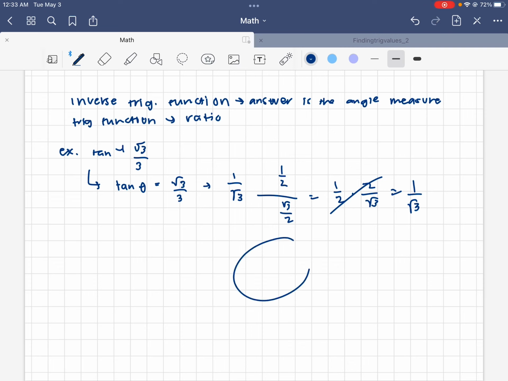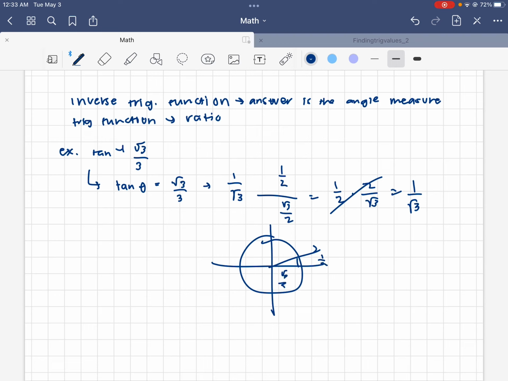So I'm going to draw a little circle. Where is the opposite going to be 1/2? Here, right? And the adjacent is square root of 3 over 2, so it's going to be here.